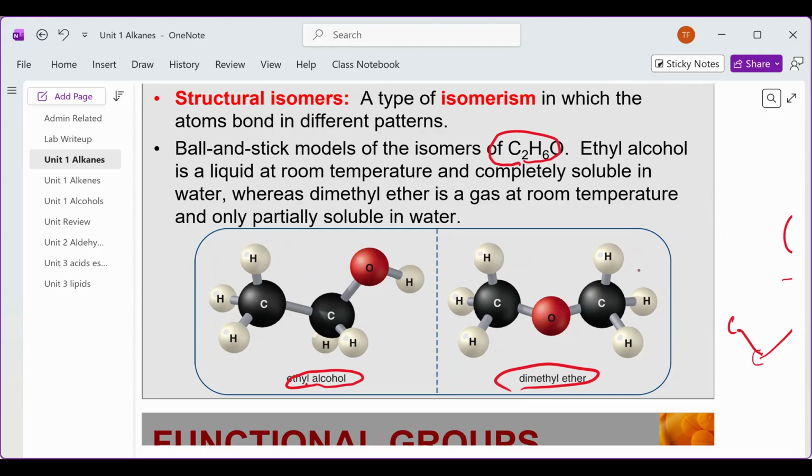And they can be represented by legal Lewis structures. Now, our subunit 3 is on alcohols and ethers. So you're going to be learning these in intimate detail.